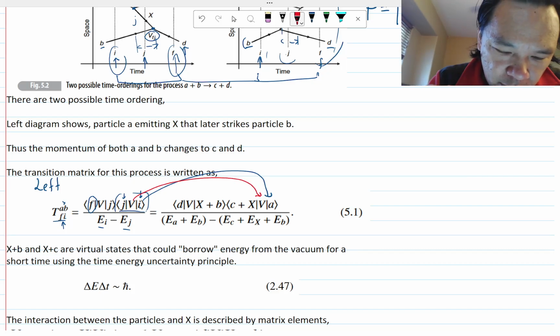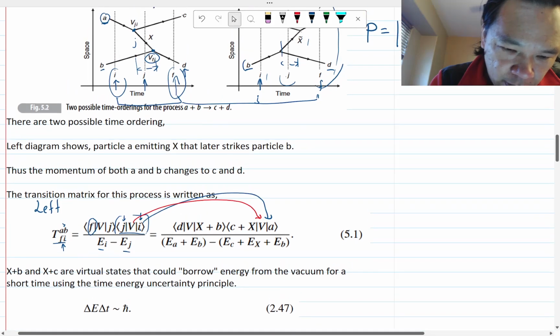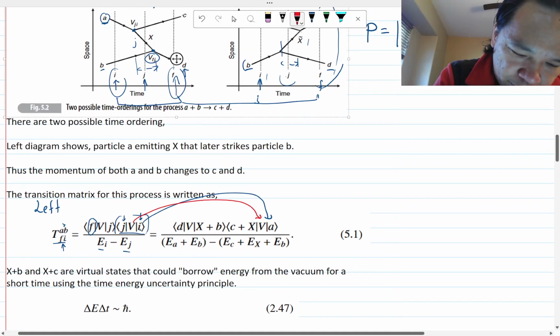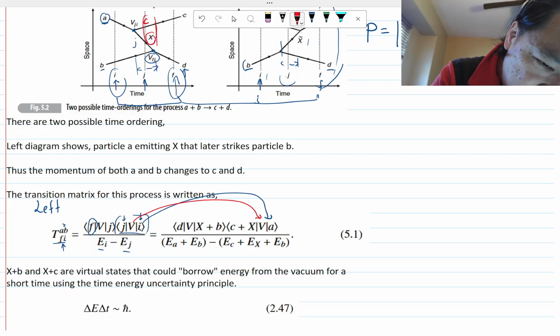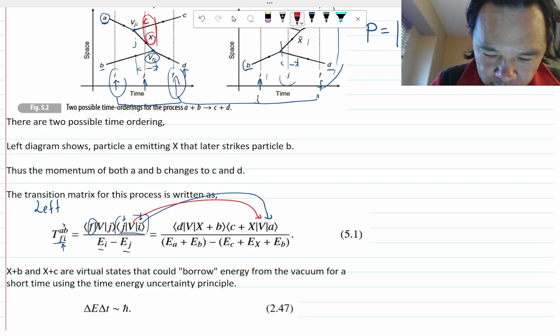The intermediate state, J, has both particle C and particle X in it, because the C particle is actually here already. It existed. So at this stage, you have both particles C and X at the same time.